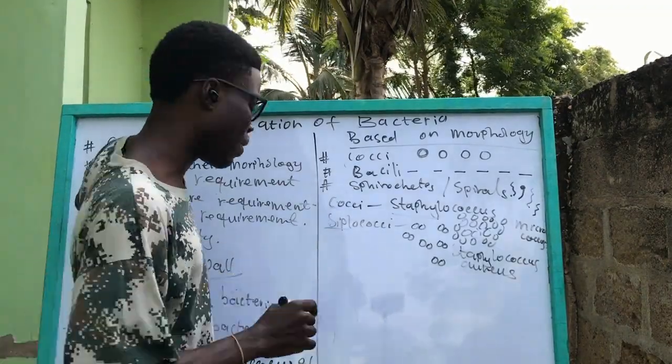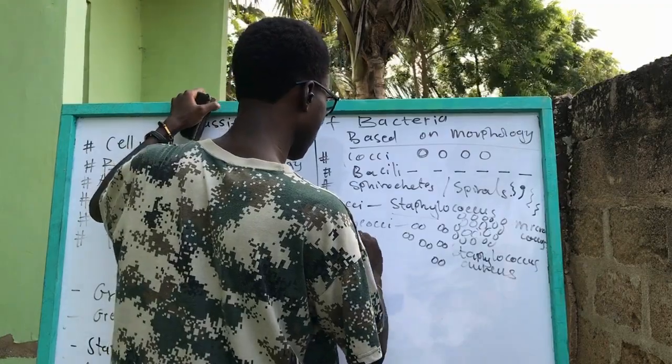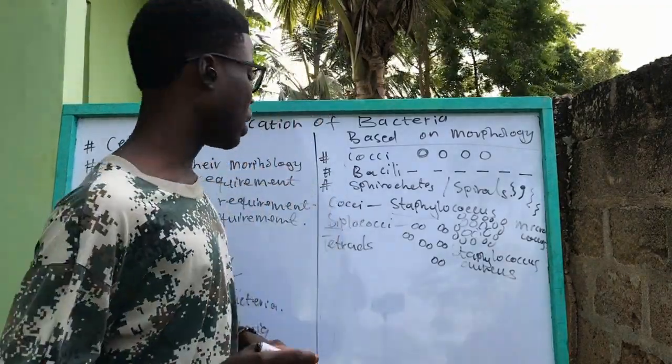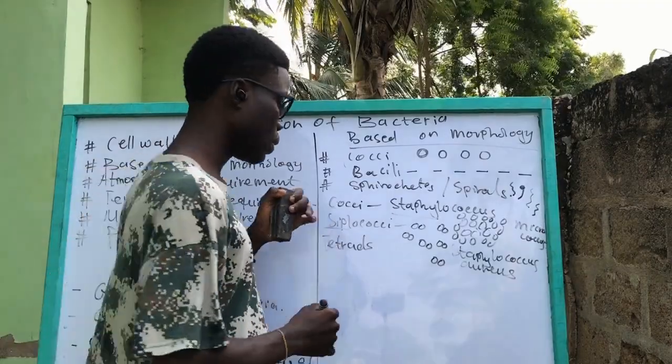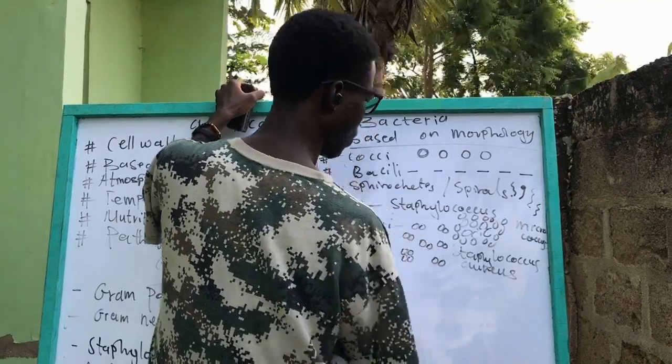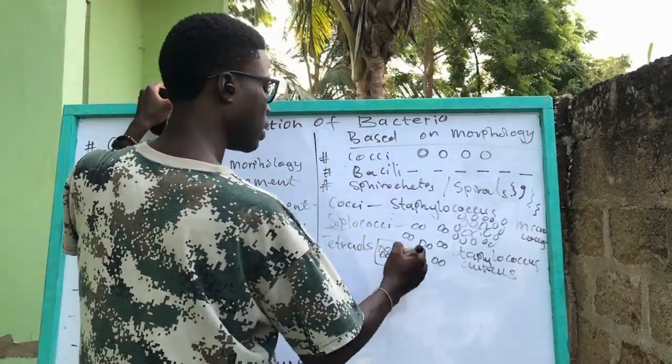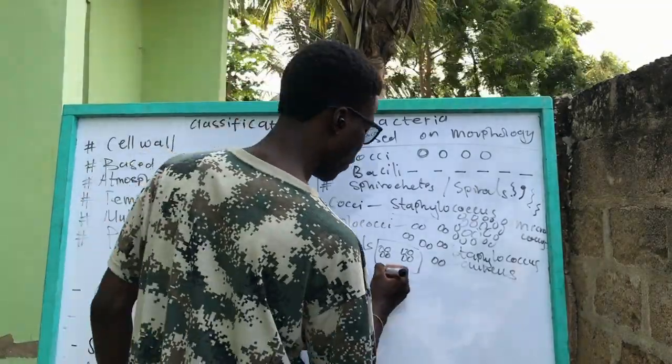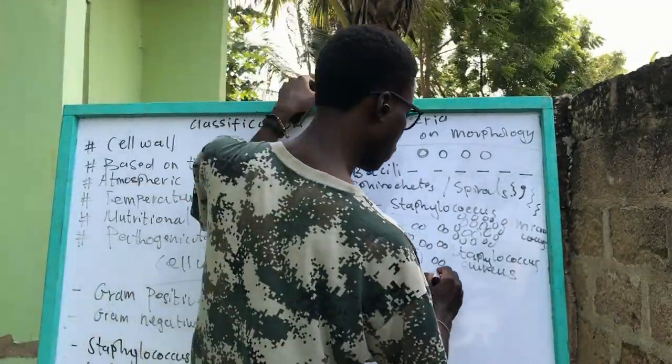Then we have the tetrads. They appear like this under the microscope. This one is the tetrad. They appear in four forms. An example is the Micrococcus.